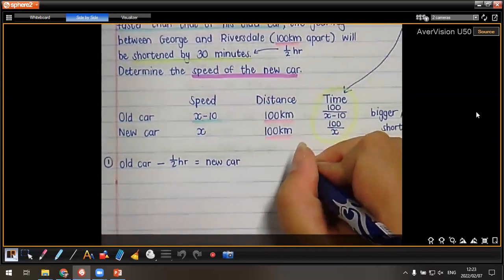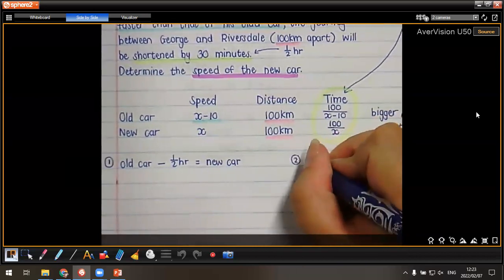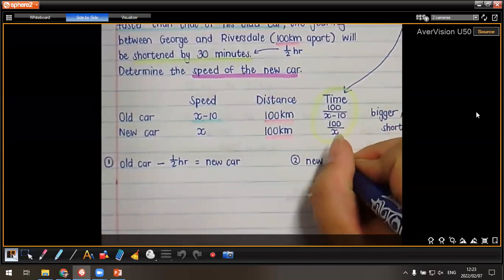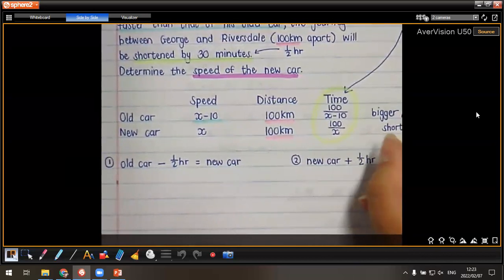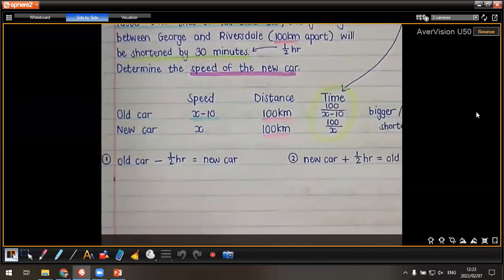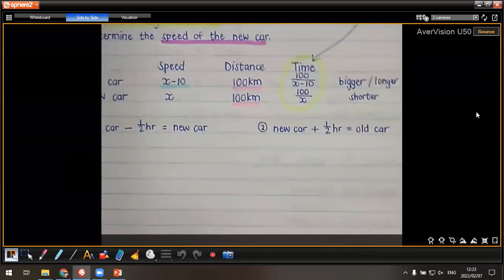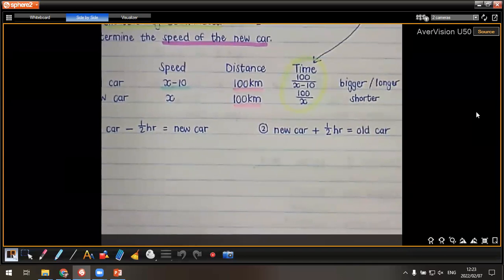Or the second option, you can say the new car plus half an hour will be equal to the time of the old car. So I say the new car takes 2 hours, but the half an hour takes 2.5 hours in the old car. Okay, so always try and figure it out when it works, or just logically.